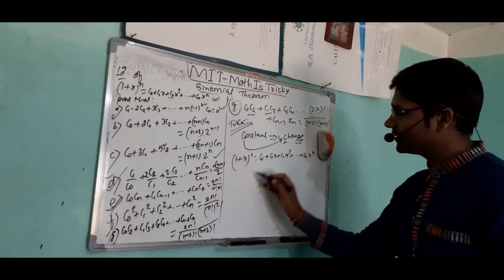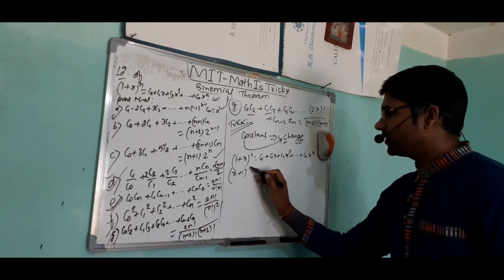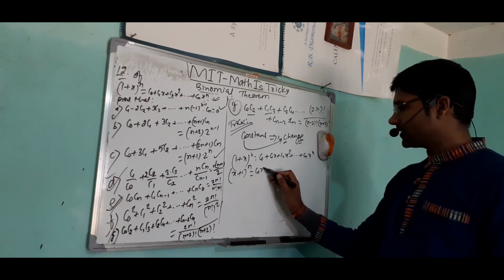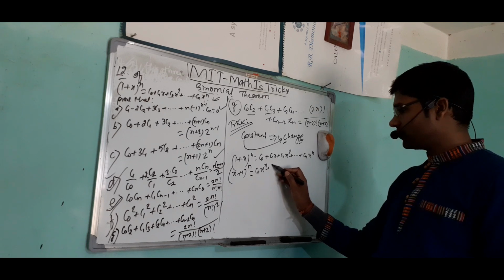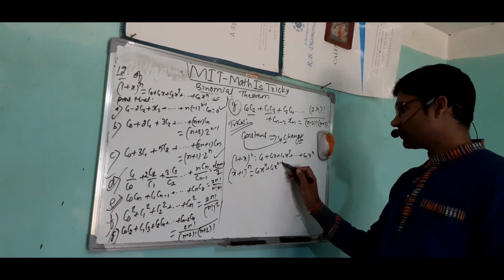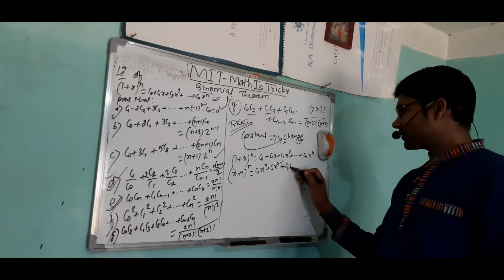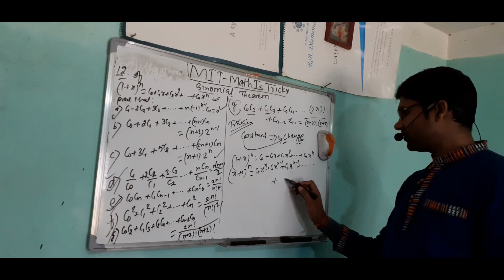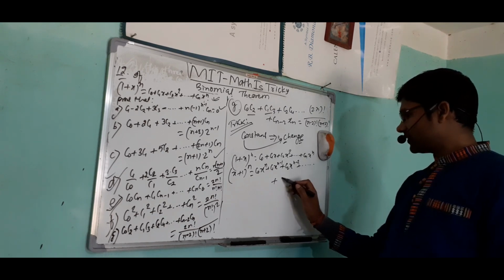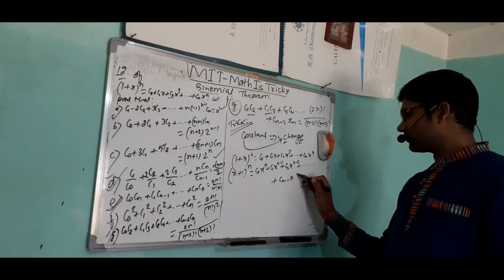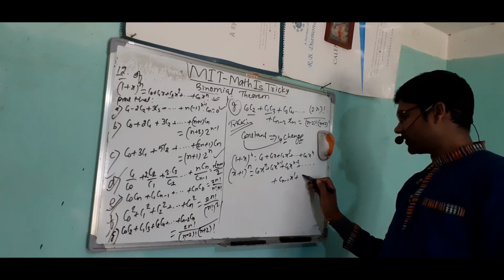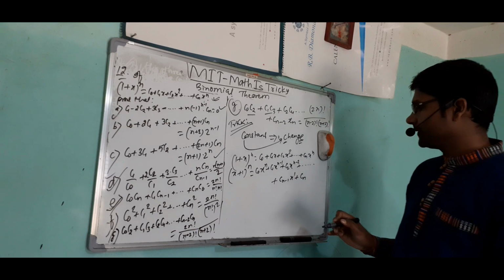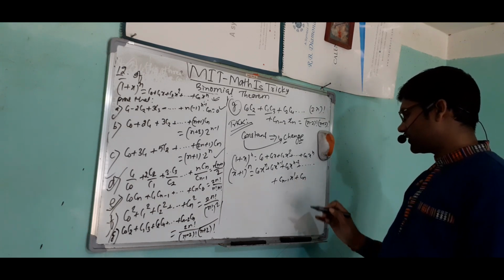So now the constant means change, so x plus 1 power n equals, how much will it be? C0 x power n, already explained this, now C1 x power n minus 1 plus C2 x power n minus 2 dot dot dot, and at last there will be Cn minus 1 x power 1, and then Cn x power 0, which is simply Cn. So at last there will be Cn, the powers will decrease, and at last it will be 1.